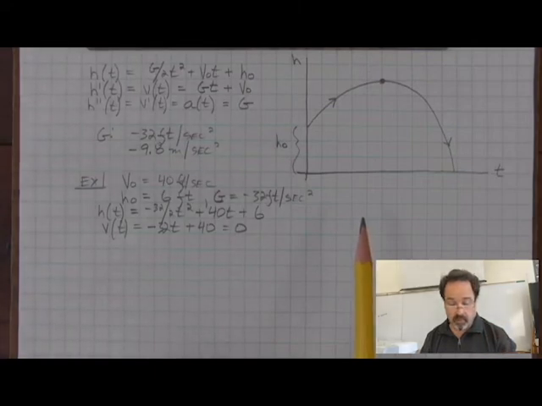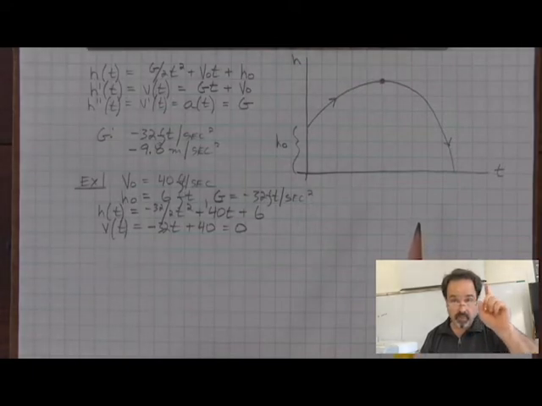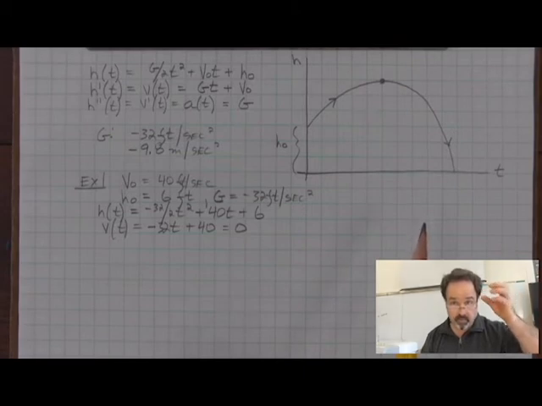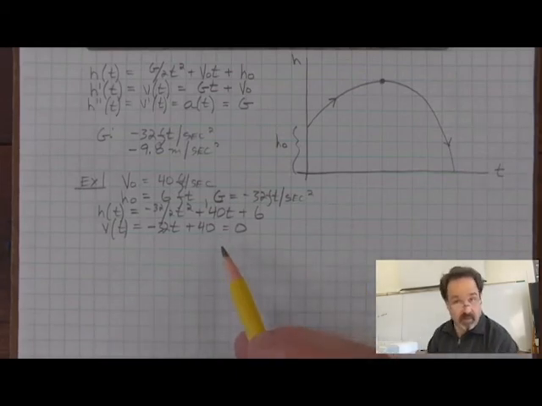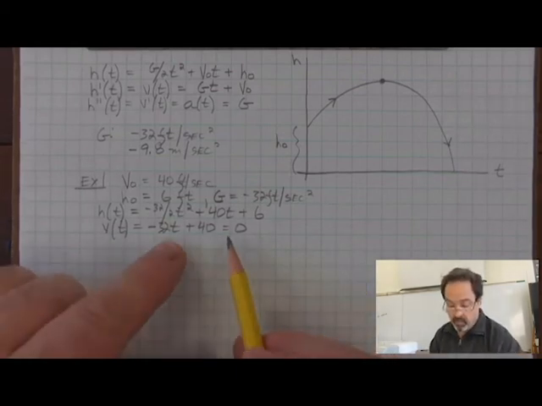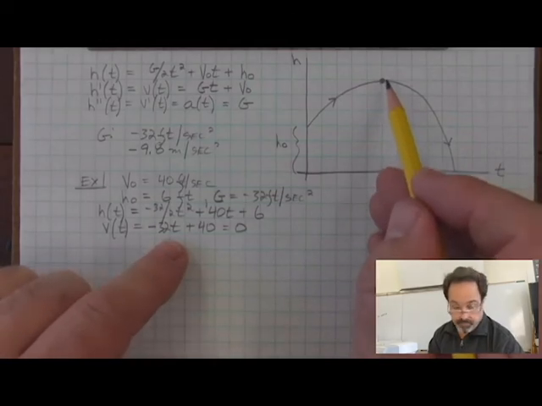Now, if we can visualize a baseball being thrown up in the air, it's going to go up and move up until it slows down, and for an instant it will stop and have a velocity of 0 at its maximum height before it starts falling down. So conceptually, setting velocity equal to 0 will find the height of this ball.